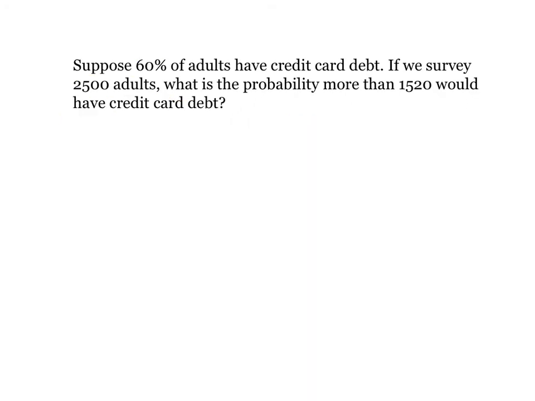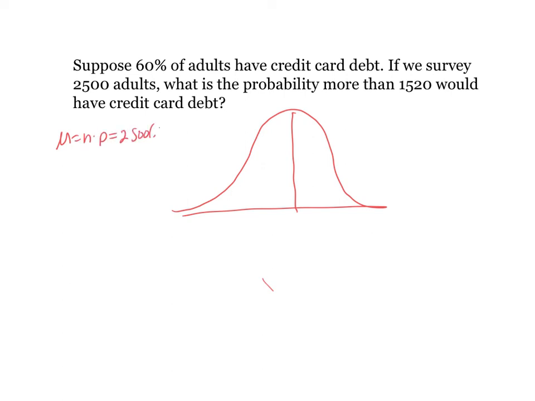To use a normal distribution. So let's try to answer this question. Since I know I can use a normal distribution, I can find the mean. Remember, the mean in these is n times p, which we already figured out was 2,500 times 60%, which is 1,500. So we would expect 1,500 people with credit card debt.